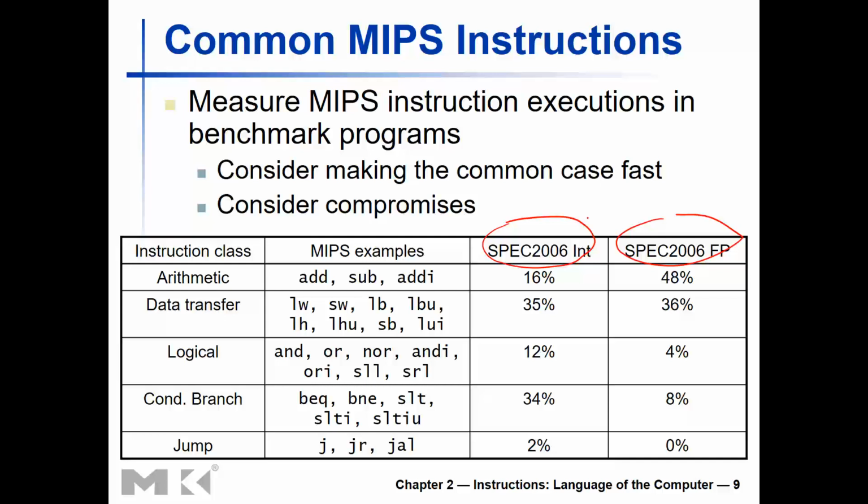Now, in SPEC 2008, which is a bit old, if we analyze all the programs, we will find 16% of the instructions are arithmetic, 35% data transfer, 12% logical, 34% conditional branches, and 2% jumps. What's the takeaway here? Most of the instructions are data transfer or conditional branches. That's the takeaway.